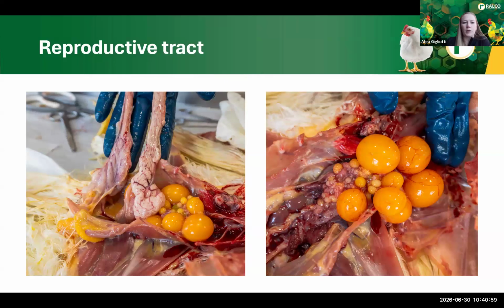And then moving on to the reproductive tract, you can see here, it's kind of hard to see, it's not the best picture, but we have the follicles and then we have the rest of that ovarian tract where that follicle is going to travel through. And then looking at the follicles themselves, you should see a pretty good mix of small and large follicles.